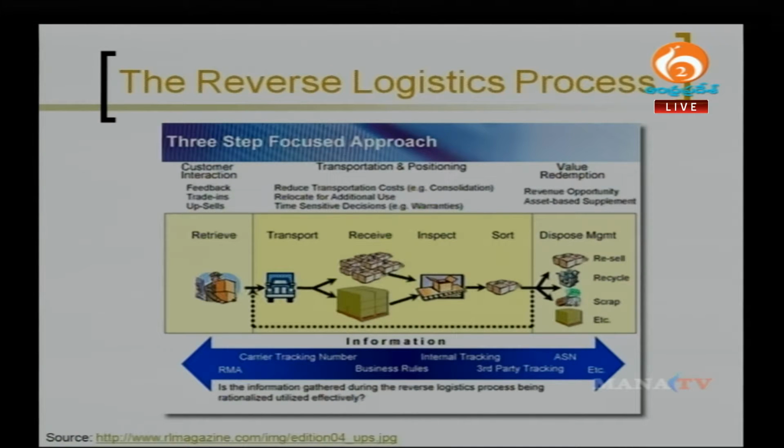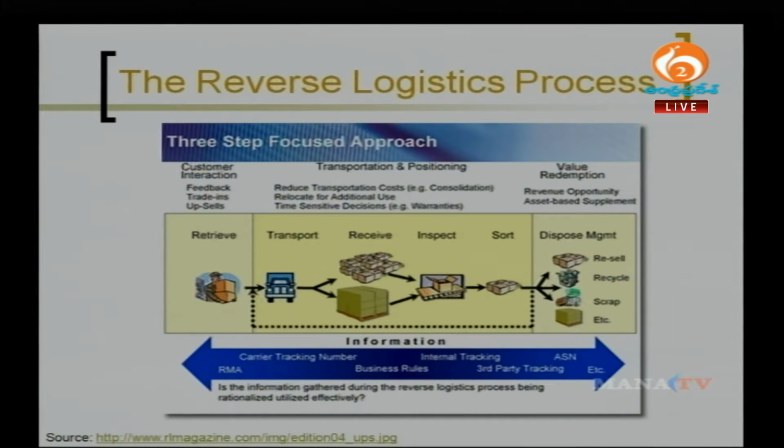It has to be retrieved from a customer, then transported, then received at a sorting center or a repair center or a distribution center. It is accumulated at a particular center, sorted, and sent for inspection to see to what extent it needs to be repaired.